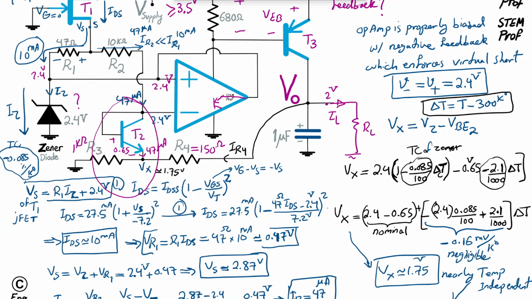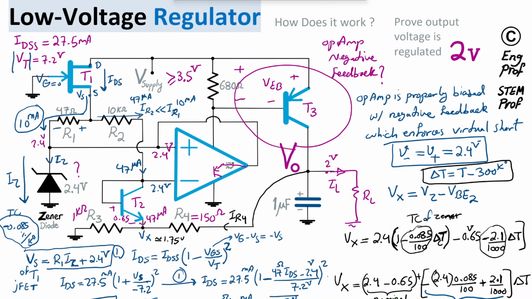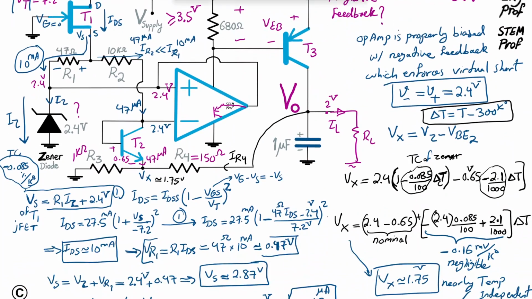And then T2 acts as a level shifter to the Vx, and then Vx via the voltage divider of R4 and R3 gets us to the 2 volt at the output that we want. And the PNP BJT transistor T3 will provide the maximum current, let's say as large as 1 amp, 2 amp, whatever needed, depending on the specific application, and also depending on the choice of the PNP high current transistor in this circuit.